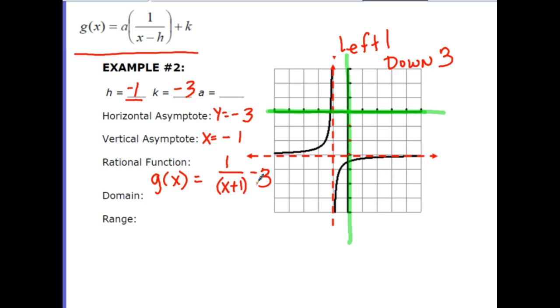To find the A, I need a pretty point. I'm having trouble finding it, so I'm going to use this point right here. A is going to rise up 1 and go over negative 1/2.